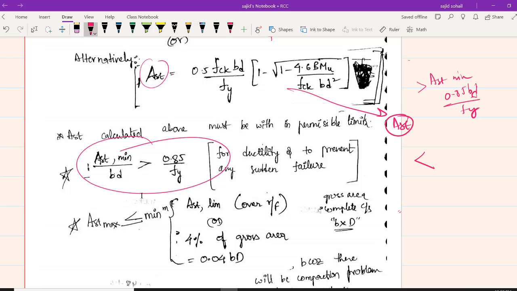And it should also be less than, there are two cases possible. One is that it should be under reinforced, so it should be less than the balanced section steel.